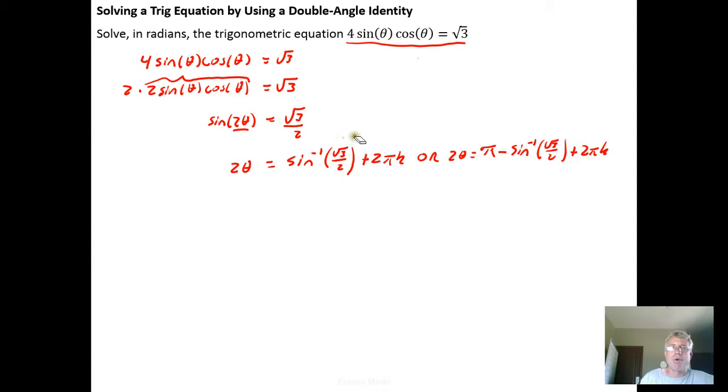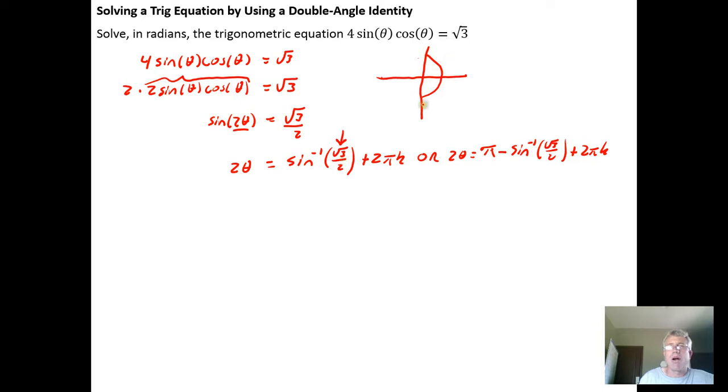And then we want to step over to the unit circle and ask, does this correspond to a special angle? If it does, we simplify this angle. If it doesn't, we just leave it in its sine inverse form. On the unit circle, because we're working with the sine inverse function, we only pay attention to quadrants 4 and 1, because the sine inverse is defined over the angle interval from negative pi over 2 to pi over 2 radians.